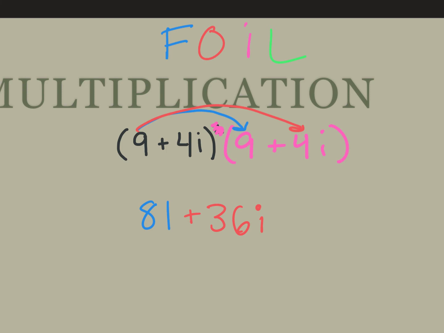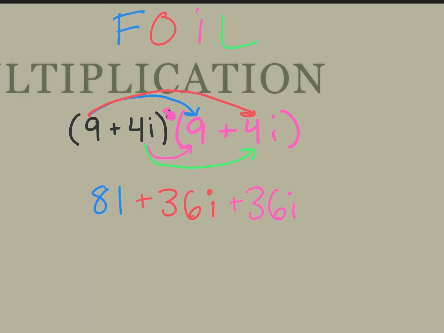So what are my inner terms? 4i times 9. What's 4i times 9? 36i. And then the last. So what are the last terms? 4i times 4i. What's 4i times 4i? 16i squared. Awesome. Because 4 times 4 is 16. And I have 2 i's, so it's an i squared.